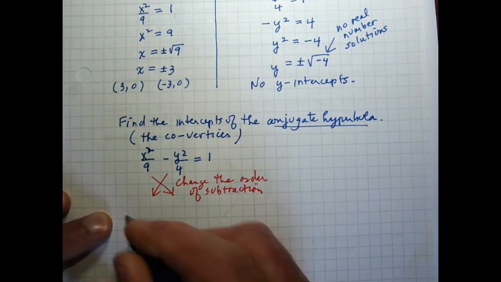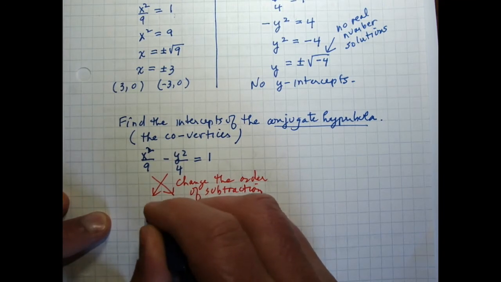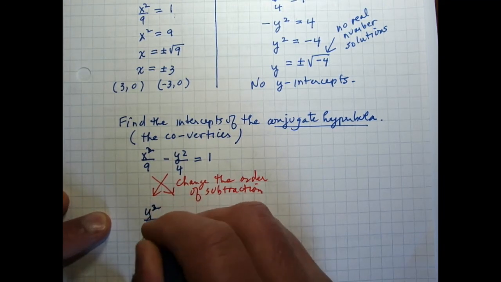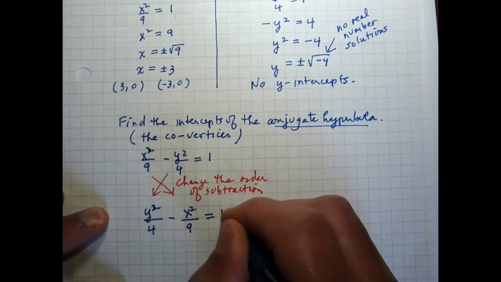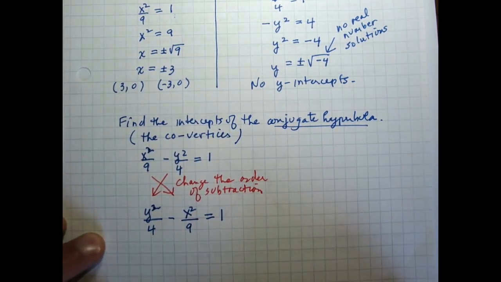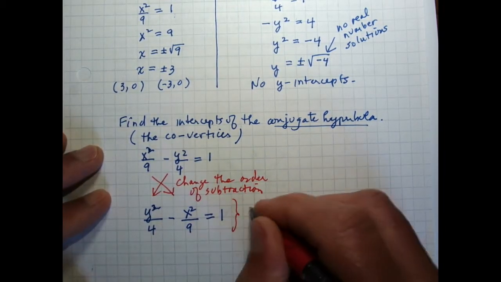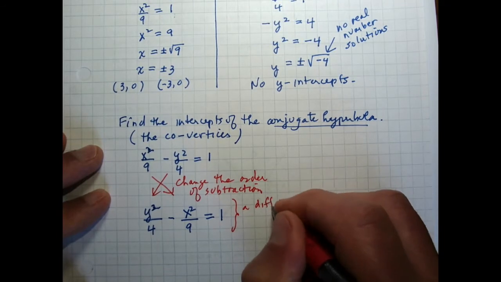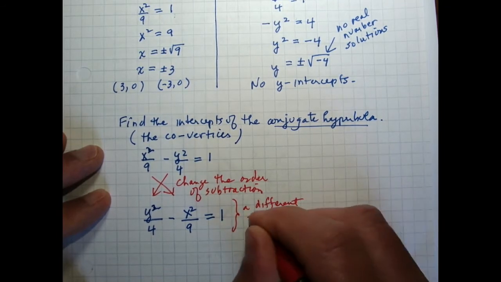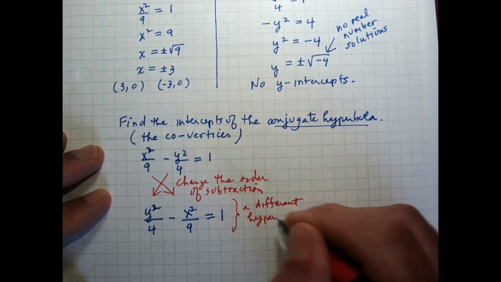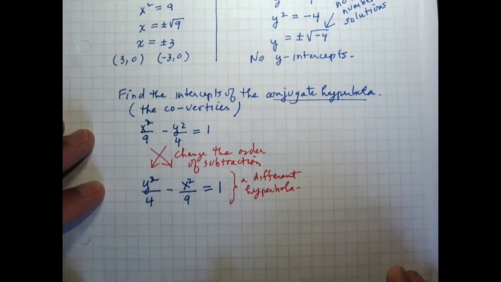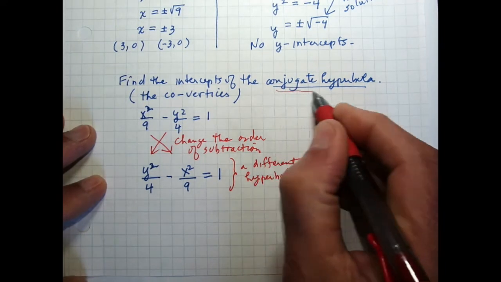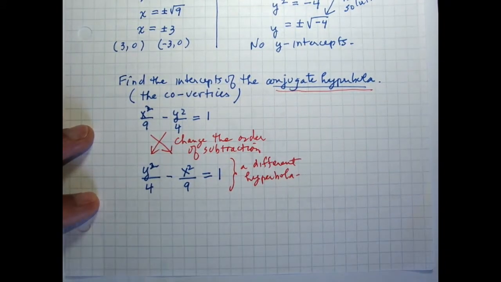So I'm going to write this as y squared over 4 minus x squared over 9 equals 1. Now, this is actually a different hyperbola. We've changed the equation. We no longer have an equivalent equation. It's actually called the conjugate hyperbola to the one we started out with.